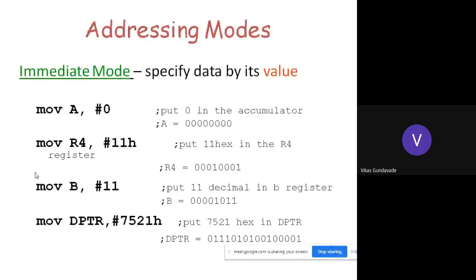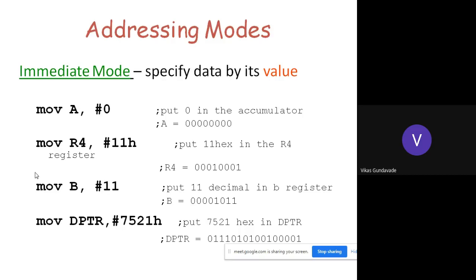Okay, so for the immediate addressing mode, keep in mind the new value is first given by the prefix hash, then the new value, and that new value should be suffixed with either hex, decimal or binary, whatever it may be. By default, we need to provide the value in terms of hex.